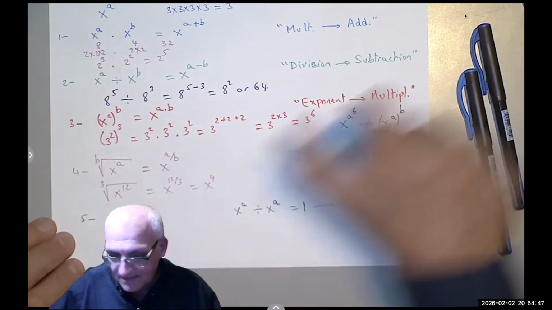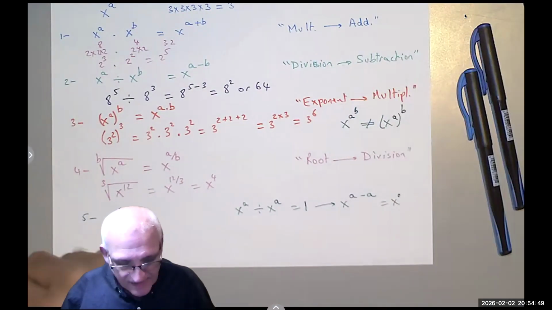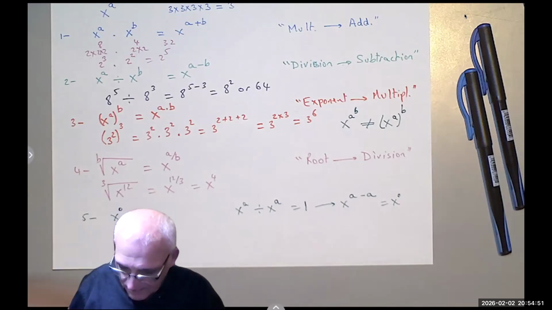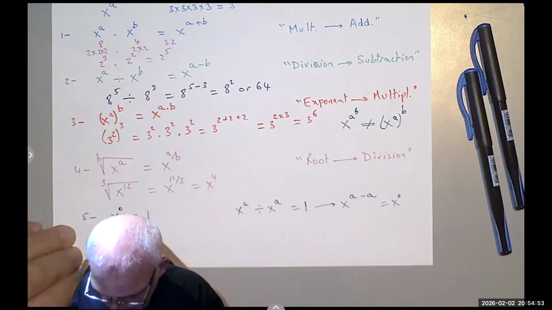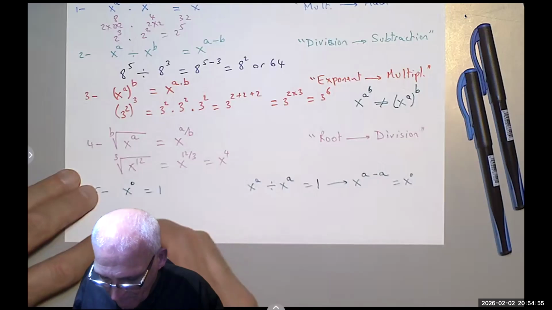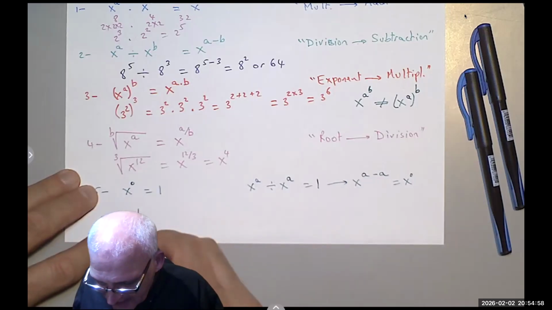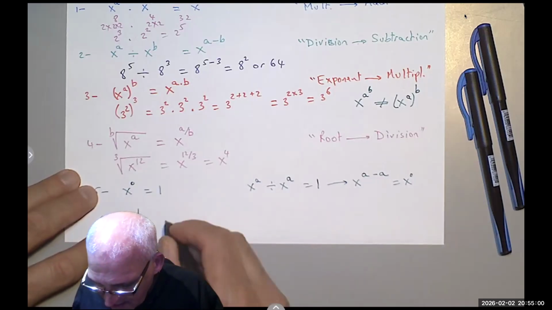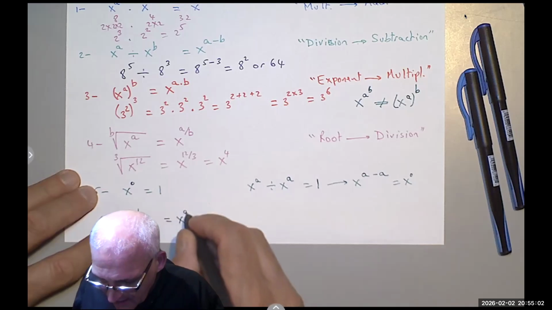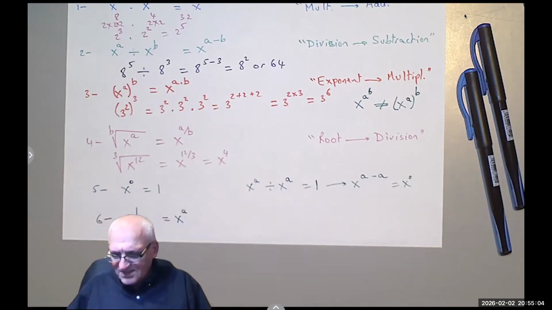Based on that, there is another rule you can get. One over x to the negative a equals x to the a. What is a negative exponent?